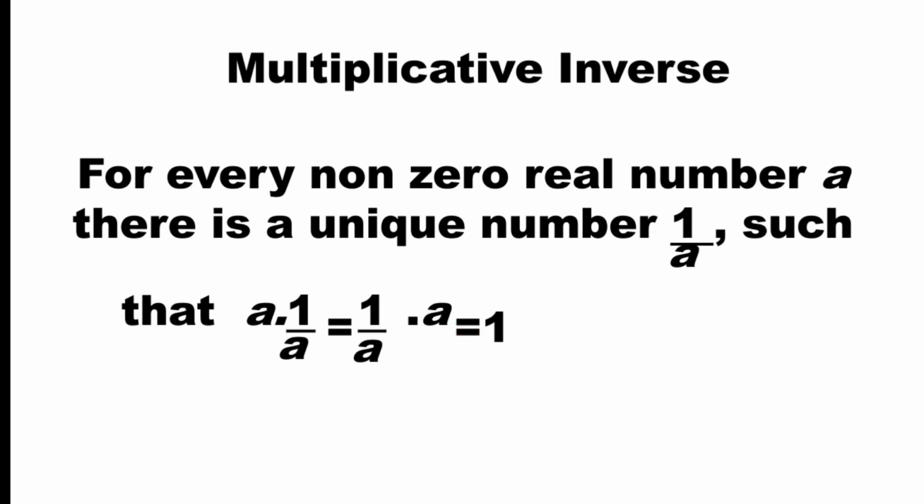So this is called the reciprocal, multiplying reciprocal. So we have here 8 times 1 over 8 is equal to 1, or the opposite, 1 over 8 times 8 is equal to 1. That's the multiplicative inverse.